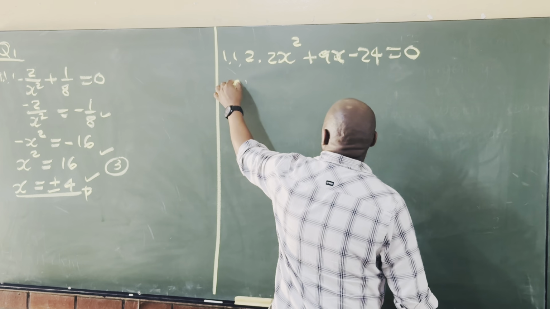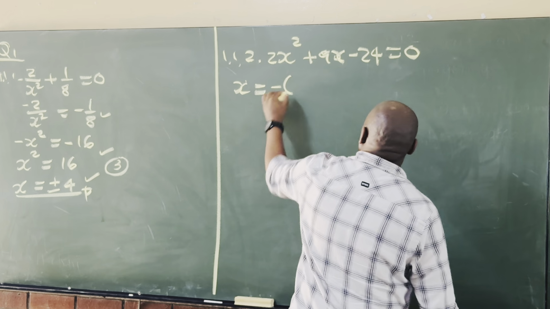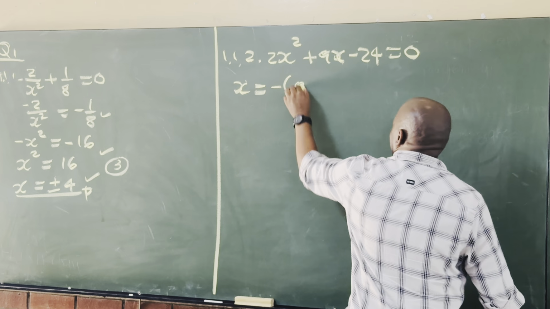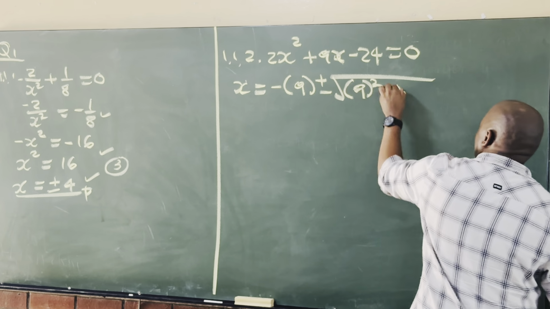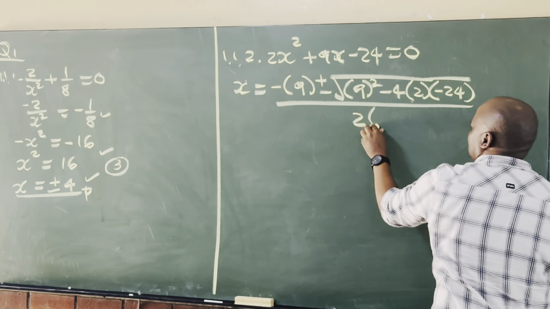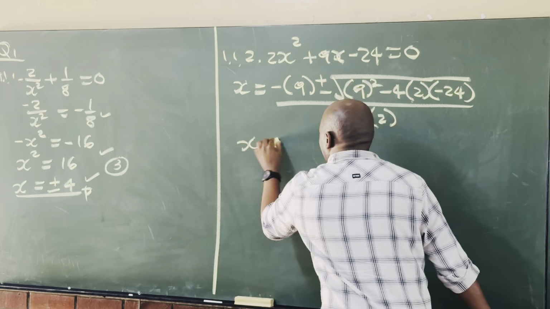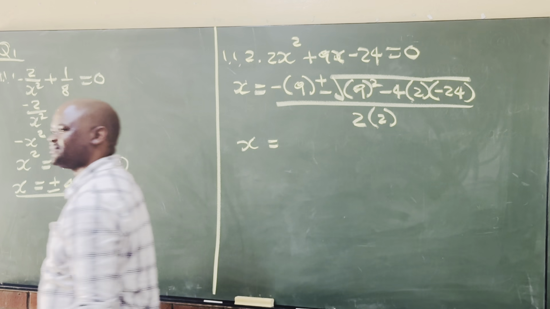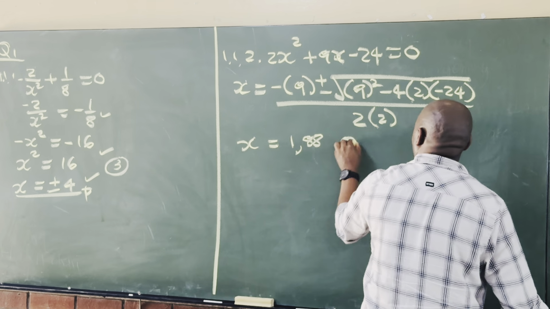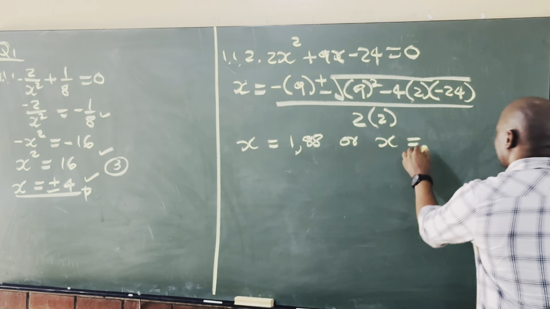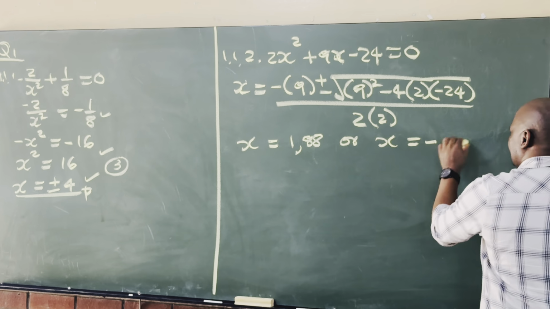So x is equal to negative b, which is 9, plus or minus the square root of b squared minus 4 times a times c, negative 24, all over 2 times a, which is 2. Then x is equal to 1.88, or x is equal to negative 6.38. Then you have your 4 marks.